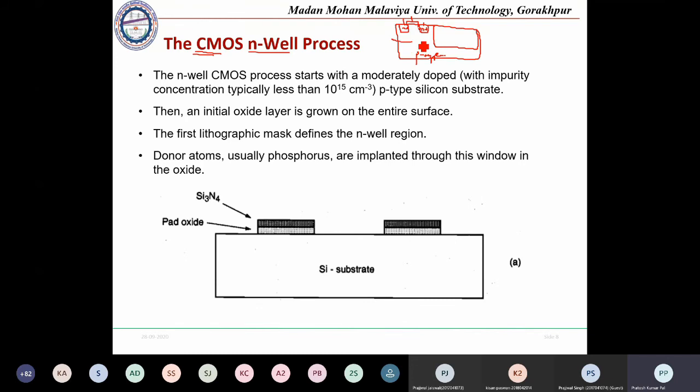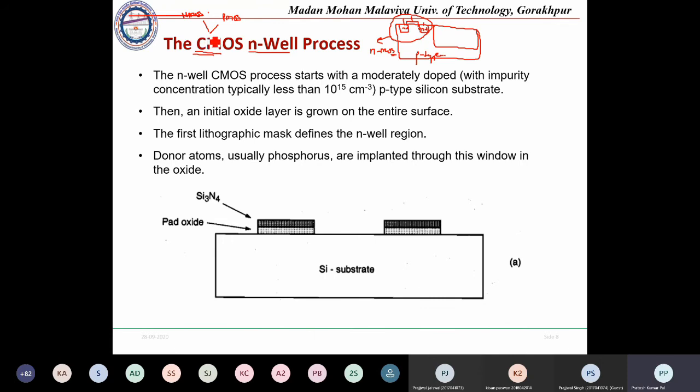So this region will be considered as your NMOS. So on the P type substrate, we will be fabricating the NMOS. Similarly, CMOS is a combination of NMOS and PMOS.